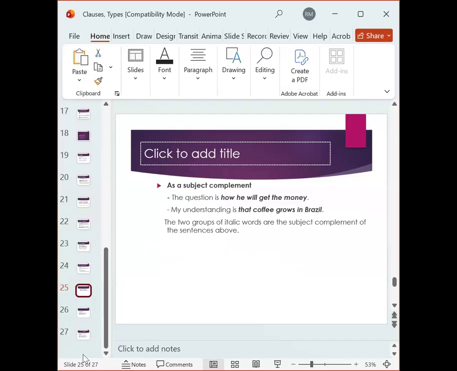Now we also have what we call the complement, and usually subject complements come after verbs like is, am, are, the primary auxiliary verbs, okay? Keep that in mind.